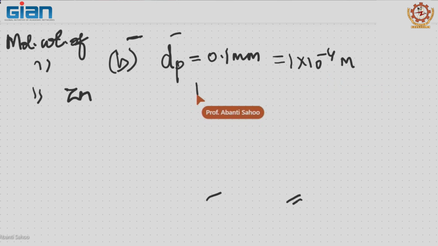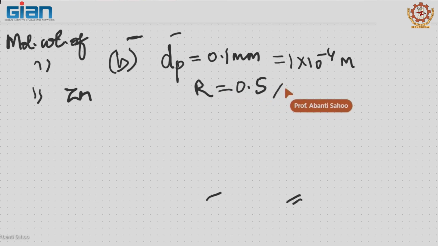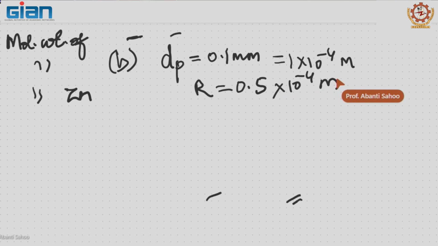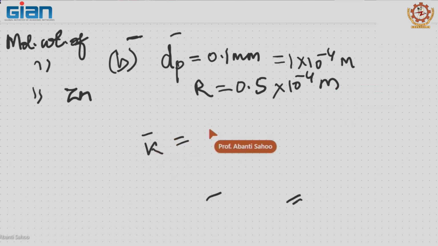Now, that means R is 0.5 into 10 to the power minus 4 meter, the radius. Now, the k bar we can calculate using the same formula. Already we know the molar density. Diffusivity is given, reaction rate constant is given. So, using the same data we can calculate.